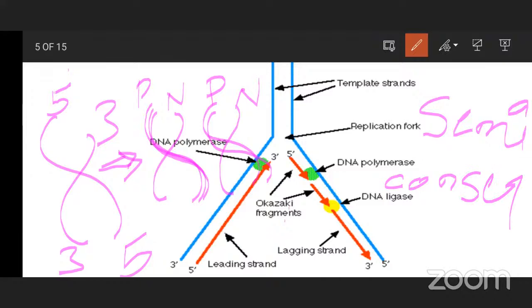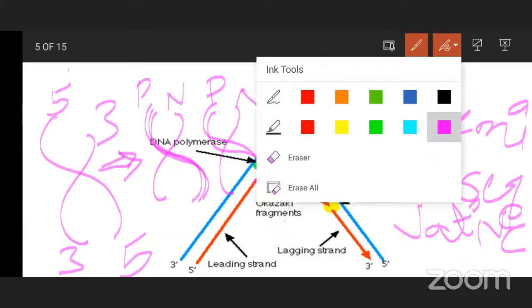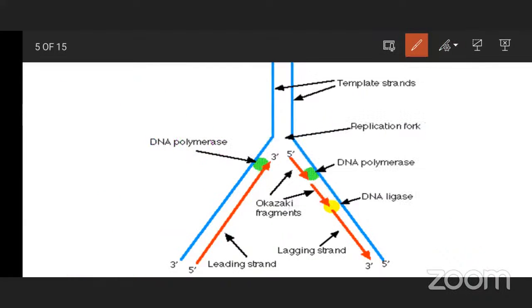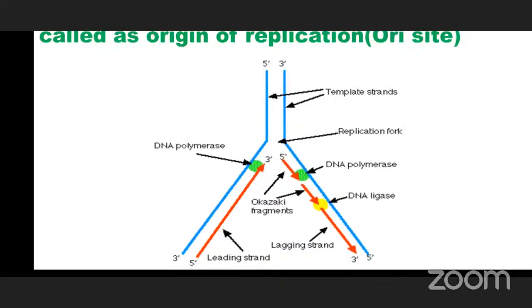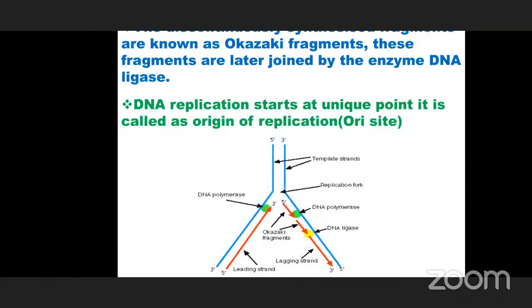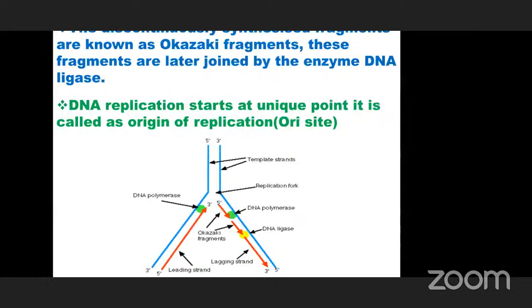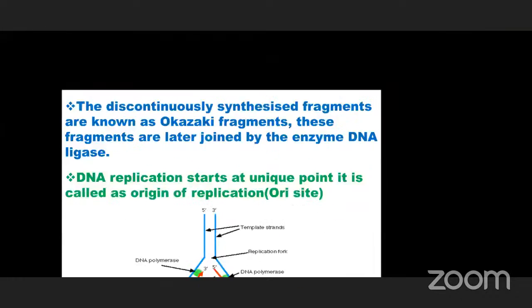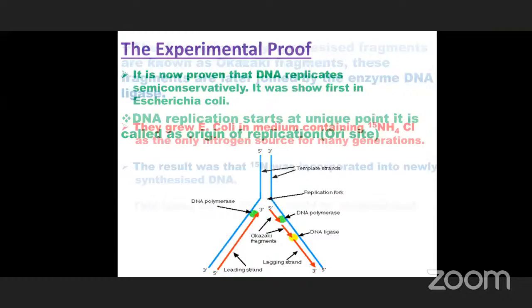And this semi-conservative method of DNA replication was experimentally proved by Meselson and Stahl.